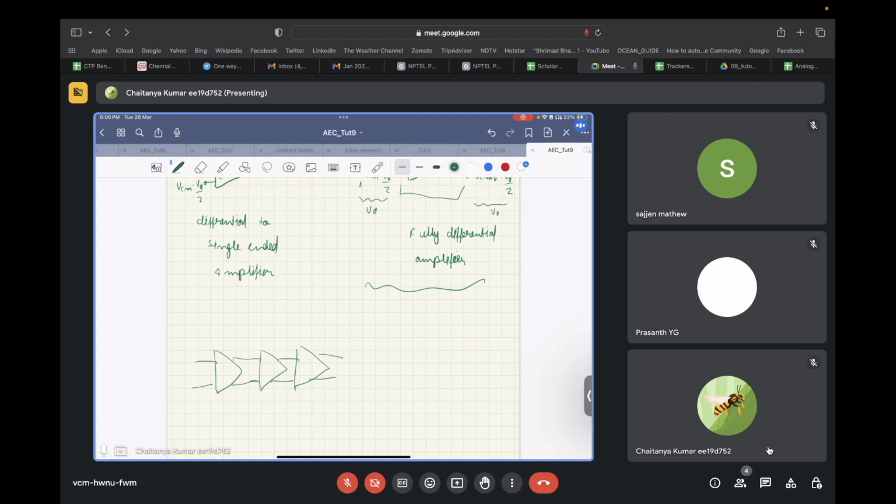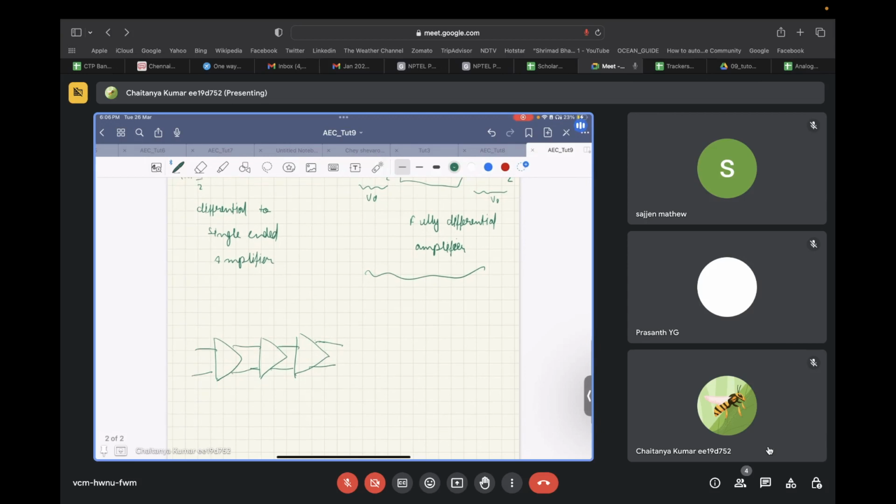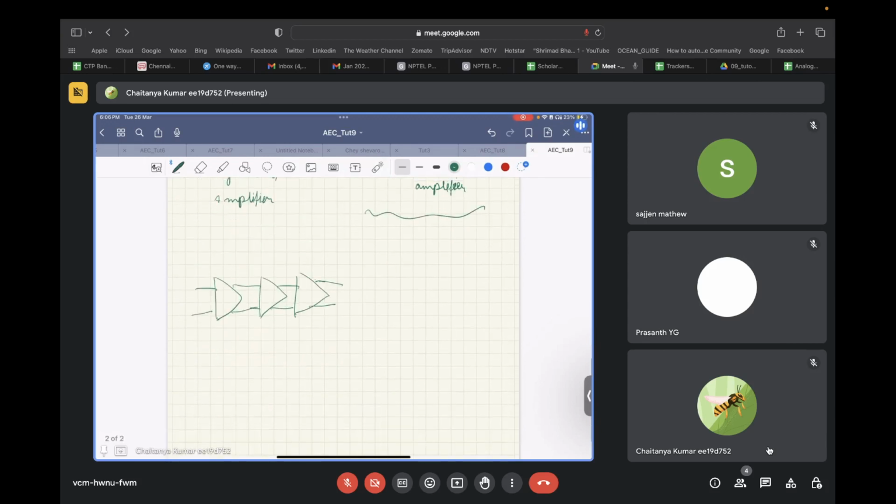One important advantage in this kind of fully differential signal chain is that, let's say you want to invert the signal. In case you have a single-ended chain, let's see how inversion is possible.